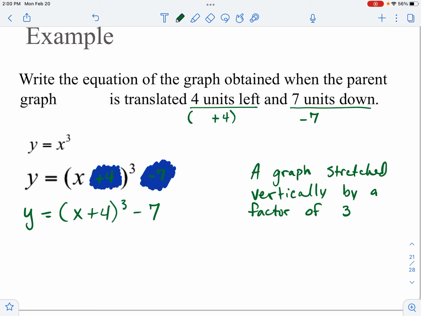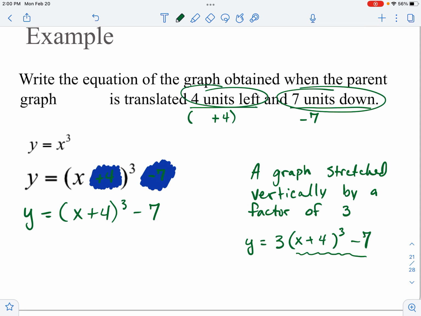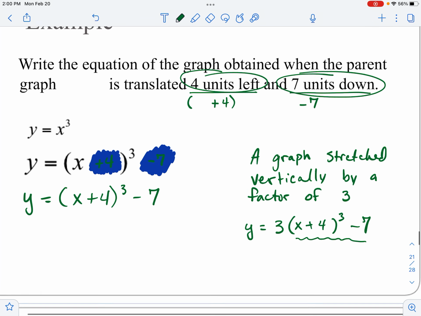Well, to stretch this graph vertically by a factor of 3, we would have this for our equation. That 3 would come in front of the parentheses, and then we would still have our same operations here: 4 units to the left, 7 units down.